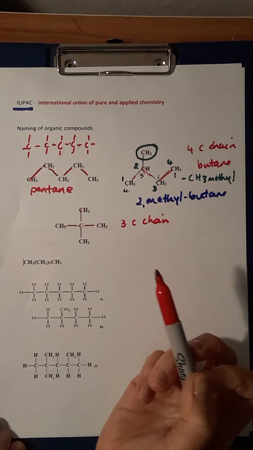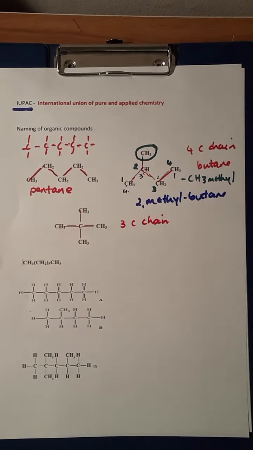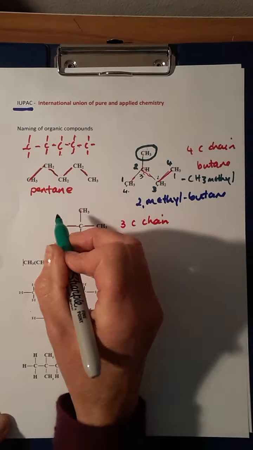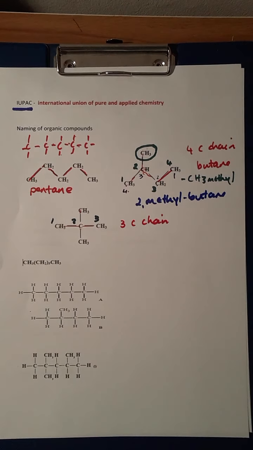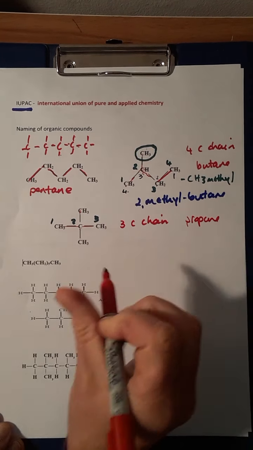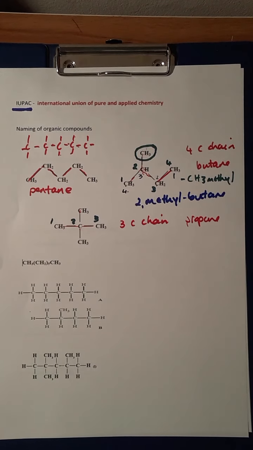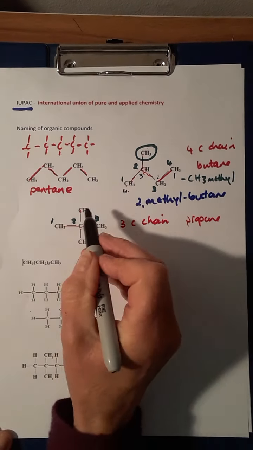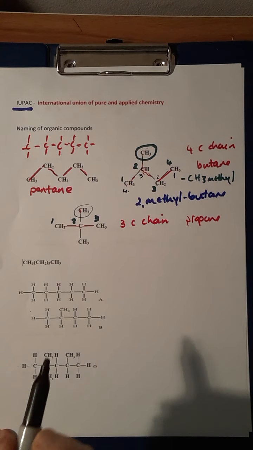So just for argument's sake, I'm going to take this one here, left to right, and number my carbons: number 1, number 2, and number 3. So I can see it's a propane chain, 3 carbons. On carbon number 2, there are 2 substituent groups. Anything that's added to the chain is a substituent.